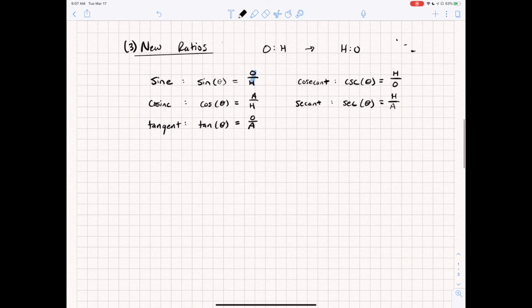Tangent, if I want to relate this the other way, and instead of doing opposite over adjacent, I want to do adjacent over opposite, this is called cotangent, and that's abbreviated as COT of my angle. And this is now adjacent over opposite.